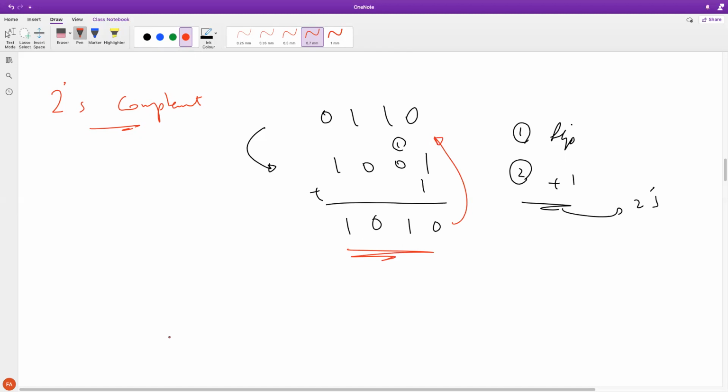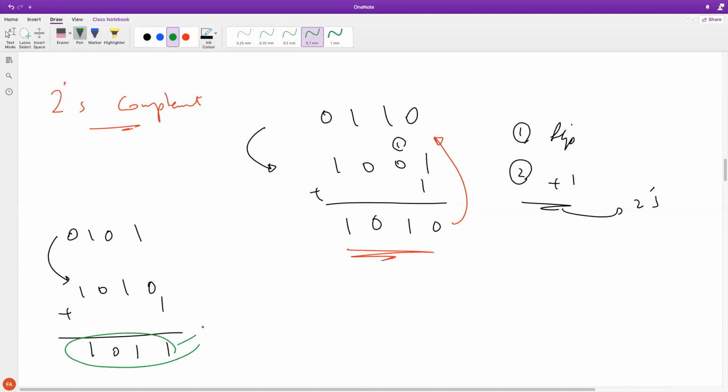So again, if I have this number, for example, 1, 1, 0, 0, 2's complement: flip the bits, add it by 1. It gives you the 2's complement. So as you see here, this is the 2's complement of the original one.